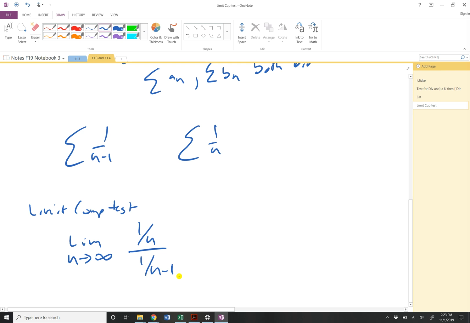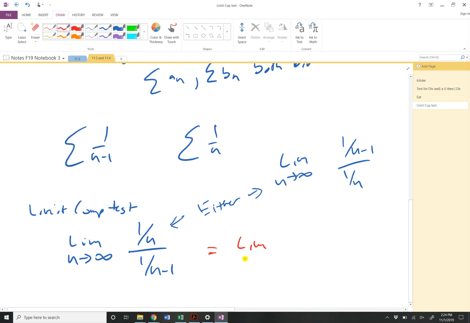I could have set it up the other way if I wanted to. I could have set it up limit as n goes to infinity of 1 over n minus 1 or 1 over n. Doesn't matter. Okay? Either way. Okay? So what's that going to equal?